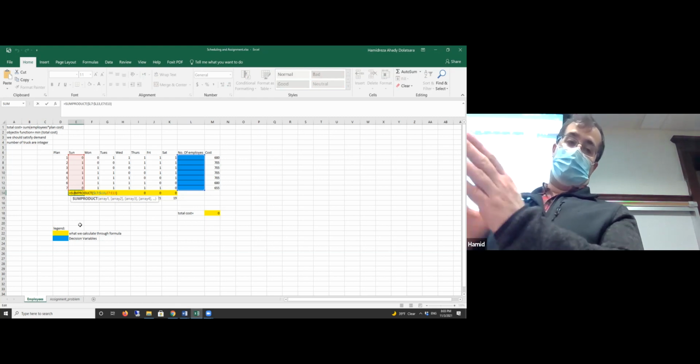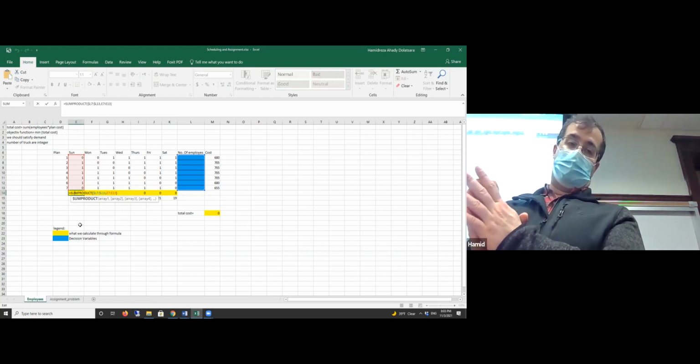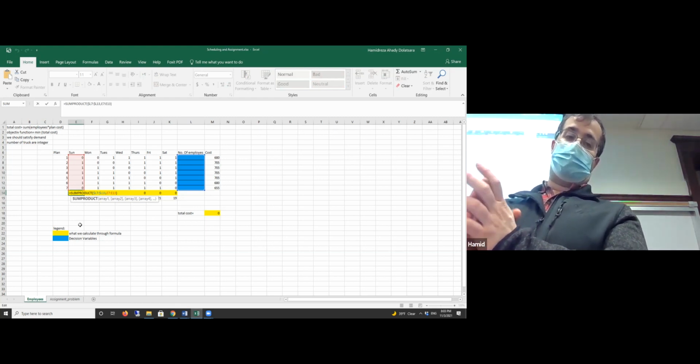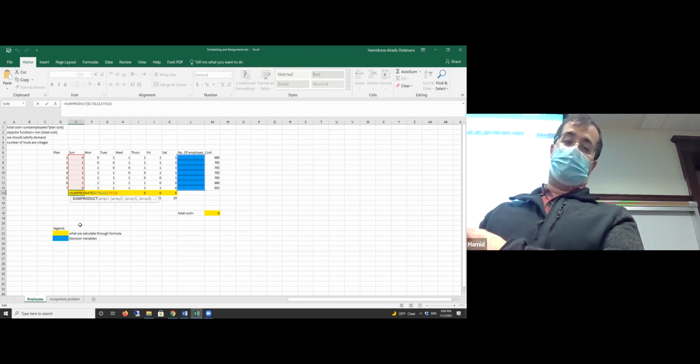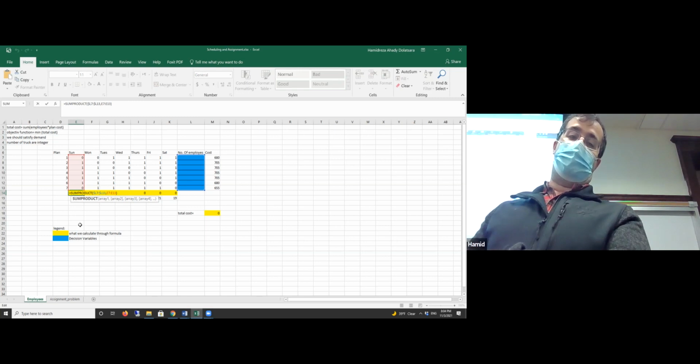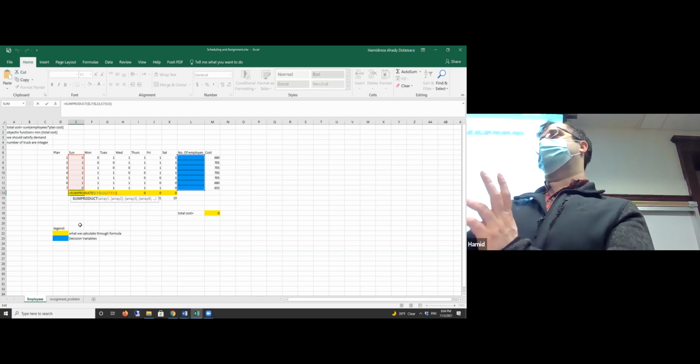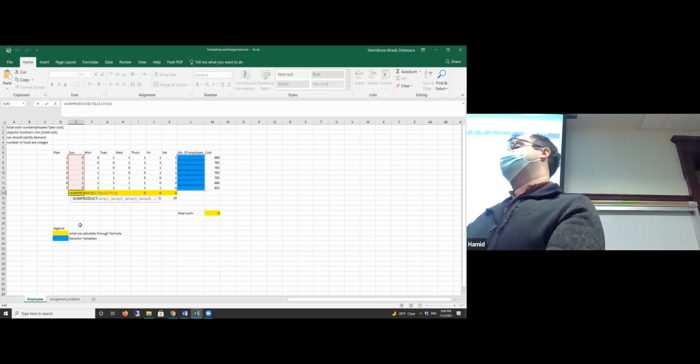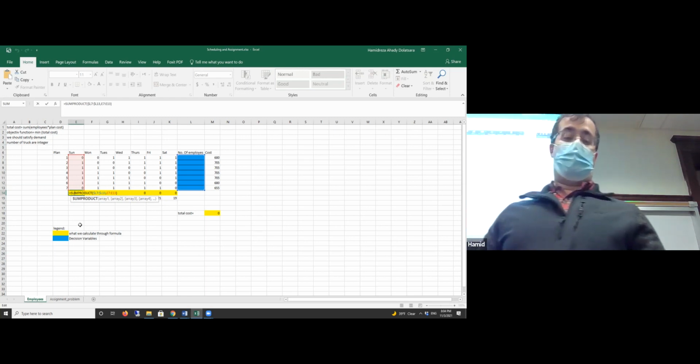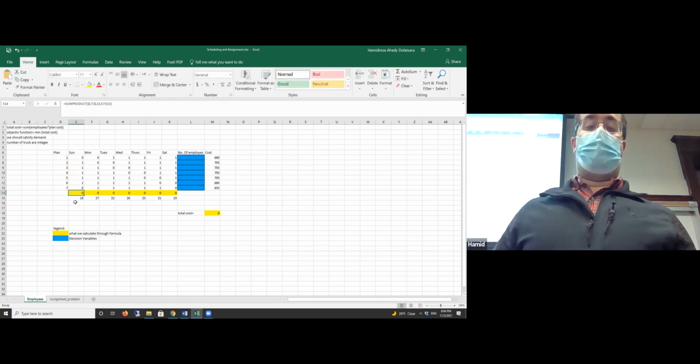For example, if you select 2 for plan 2, 3 for plan 5, and none from the rest, so the blue cells or decision variables, you just have 5 workers on Sunday.